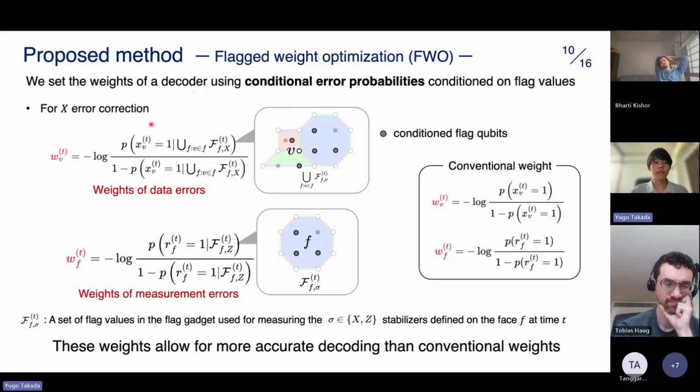In the case of X error correction, for the weight of data errors, we use the conditional error probabilities conditioned on all flag values in the measurement of the X stabilizers acting on the corresponding data qubits at the same time step. The meaning is that the conditional error probabilities when some flags are triggered are higher compared to when no flags are triggered.